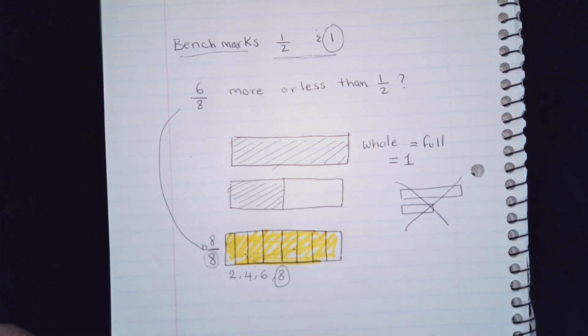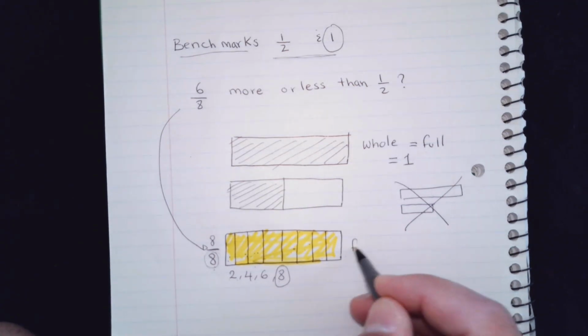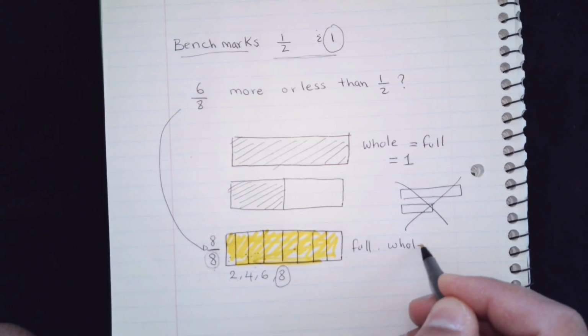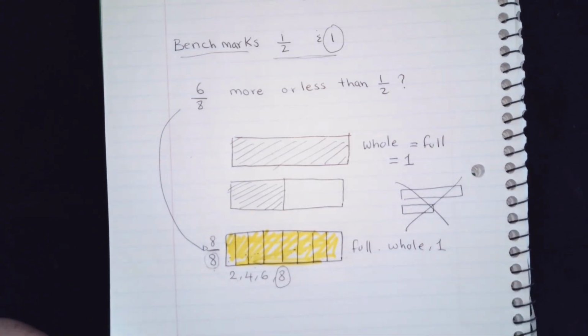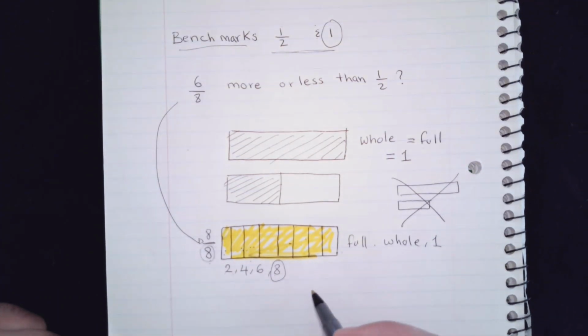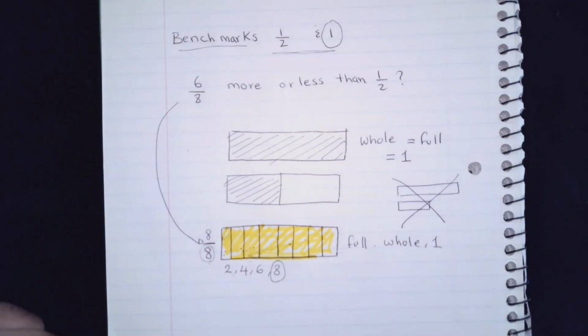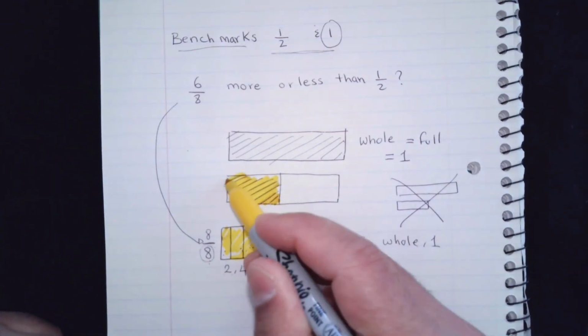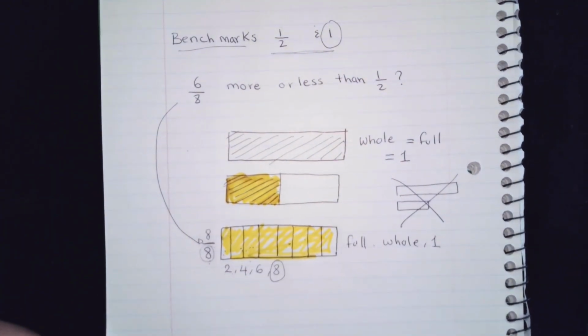Now 8/8, that's a full whole. That's 1. But we are comparing 6 pieces of eighths to half. So here is half, and I want to compare 6 pieces of eighths to it.